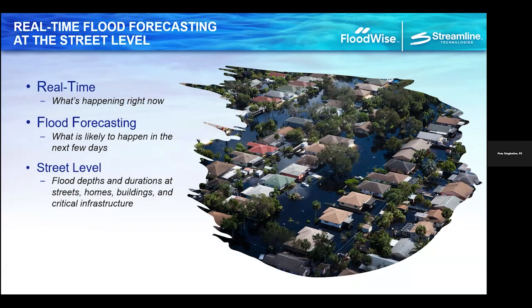We're not looking 50 years down the road or the impact of climate change or anything like that. We're trying to figure out what's going to happen tomorrow, the next day, or the next 3 days or so. And then at the street level, we can pinpoint these forecasts down to specific streets, specific houses, buildings, and other critical infrastructure.